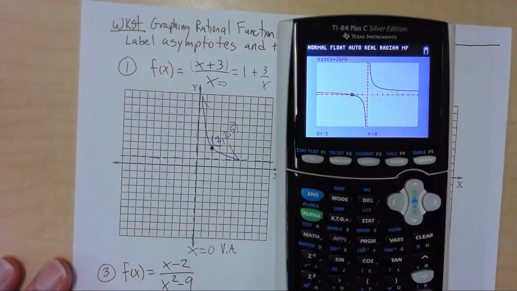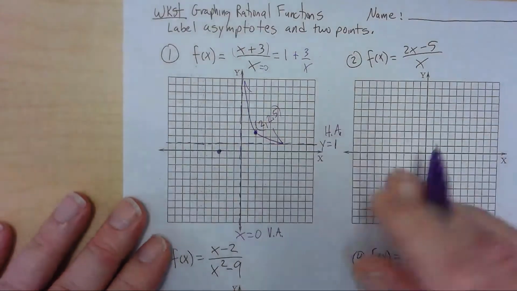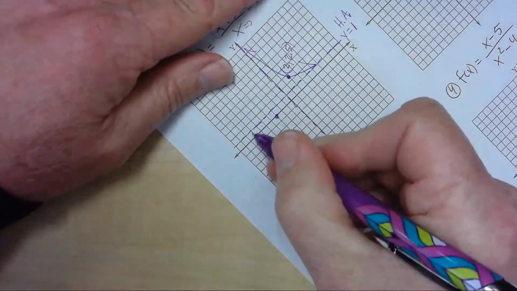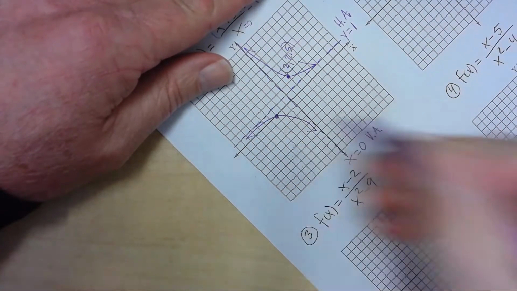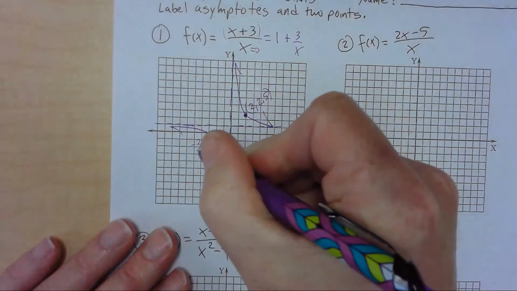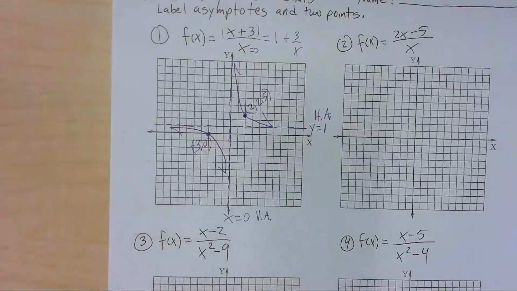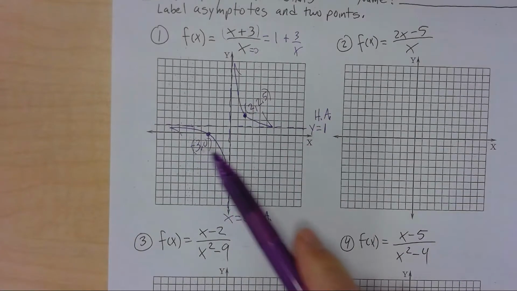So -3, 0 is a point here. And so it's going to curve in this area like so. And it doesn't cross there, doesn't cross there. All right, and this is the point -3, 0. So I've done the things I was supposed to do. I labeled a couple of points, 1 in each section.